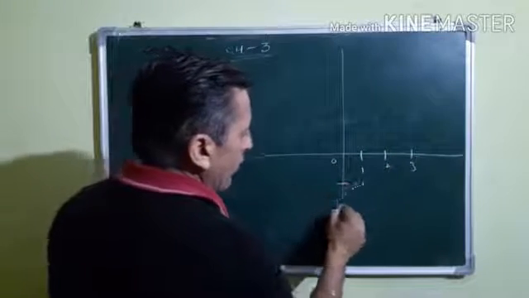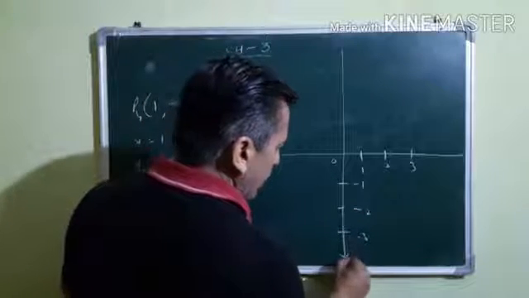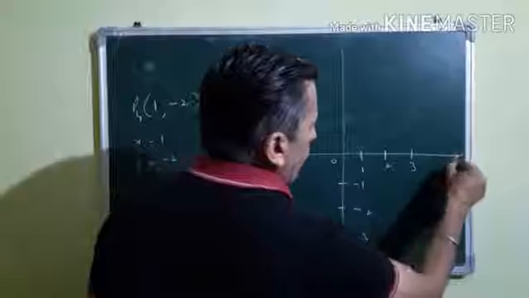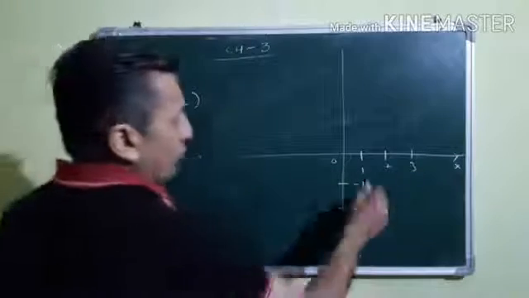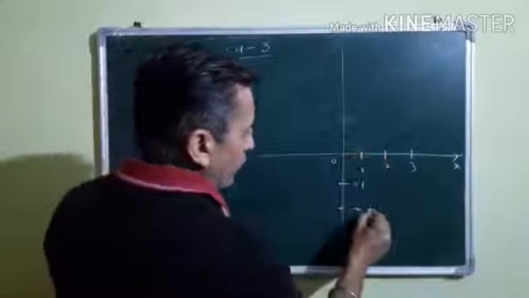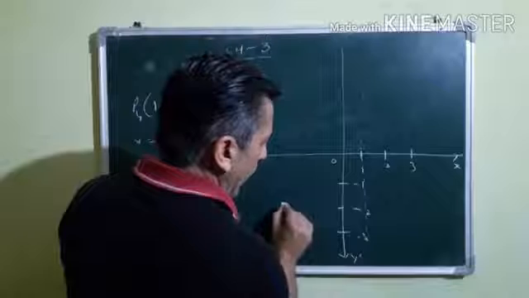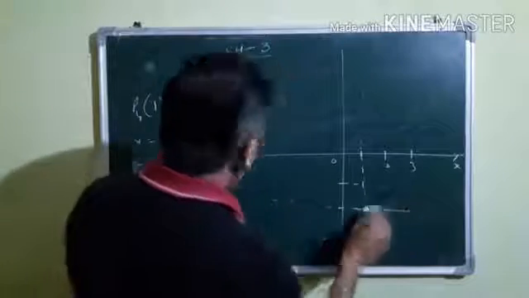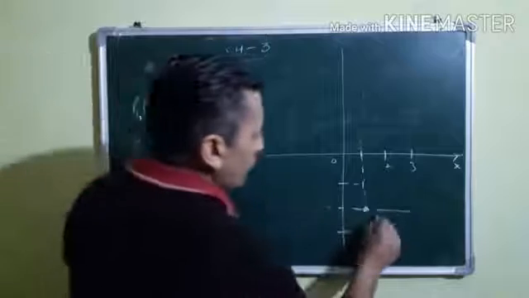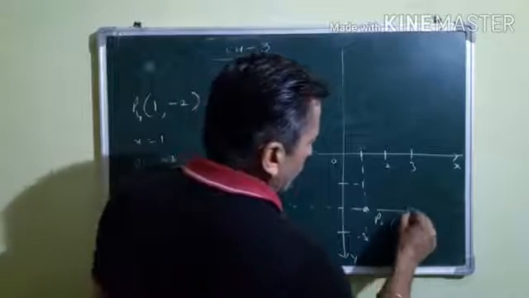Similarly here it is minus 1, minus 2 and minus 3. Then this is your y dash, this is your x. So in this case x is equal to 1 and y is equal to minus 2. First of all draw the vertical line, and this is your horizontal line, and this point of intersection is nothing but your P4. So this is your P4, having coordinates 1 comma minus 2.